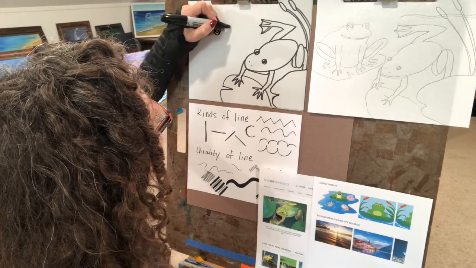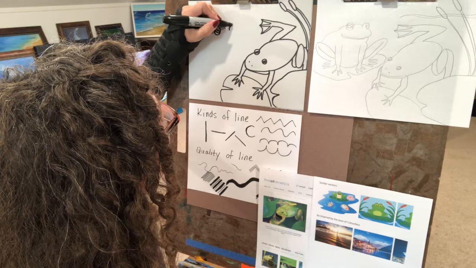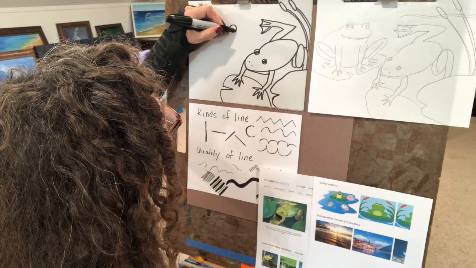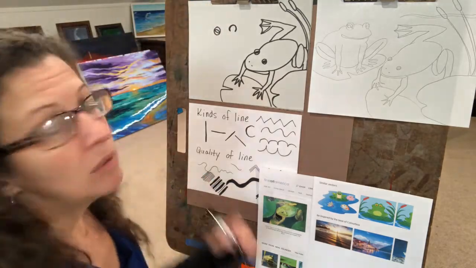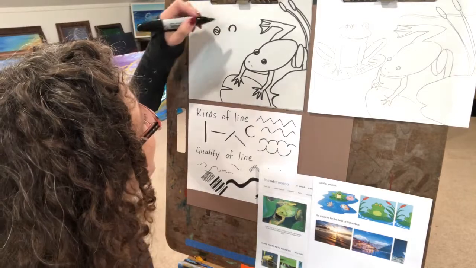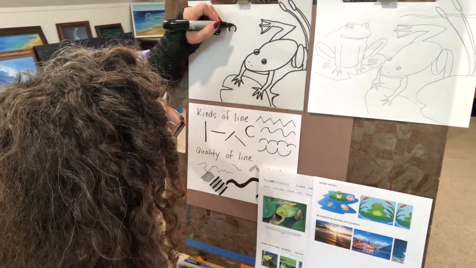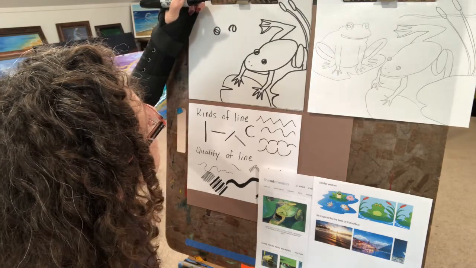Now leave a little space and show me a curved line like a rainbow and stop. Don't connect it at the bottom. And now show me the oval like this.